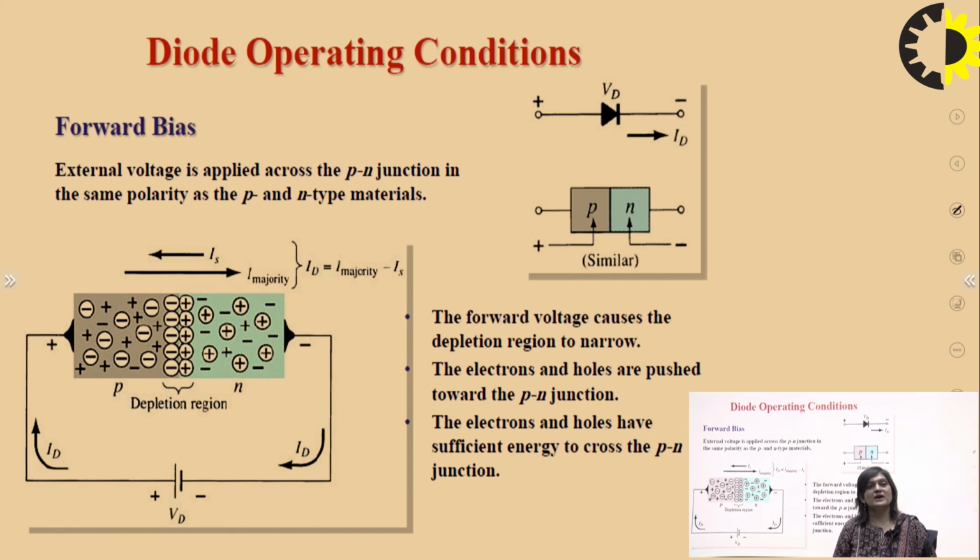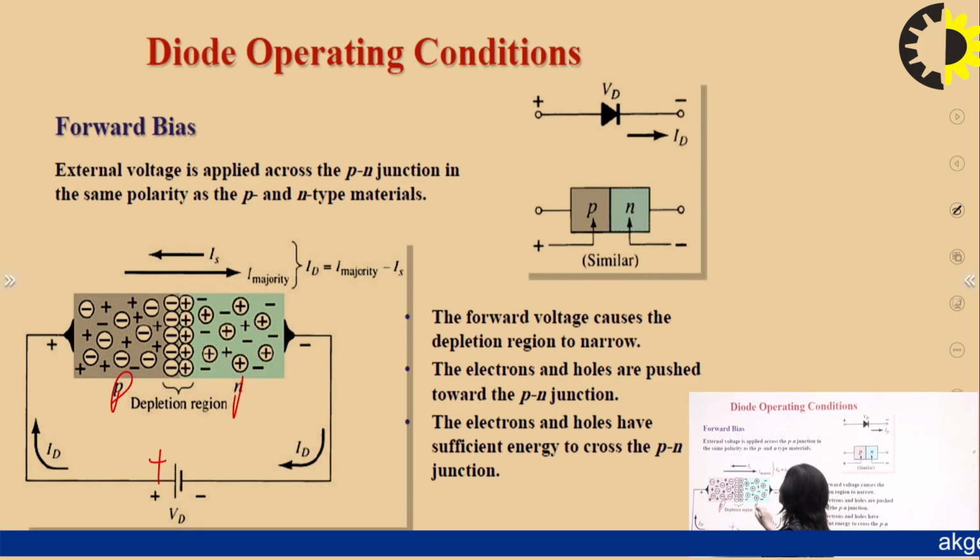So in forward bias, the p-type semiconductor is connected with the positive supply, and the n-type semiconductor is connected with the negative supply. We can see the barrier potential that is developed within the depletion region is from minus to plus. So due to this supply, this barrier potential will be eliminated by the application of this voltage.